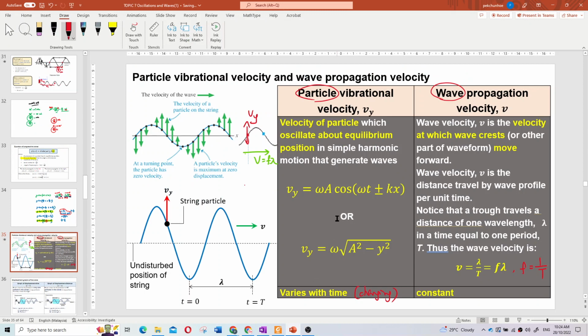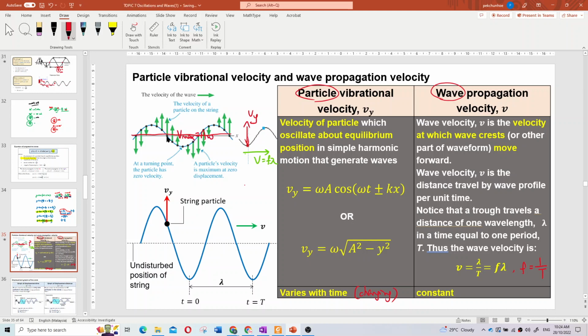When is it maximum? When the particle is at equilibrium, the velocity is maximum, which is A omega.